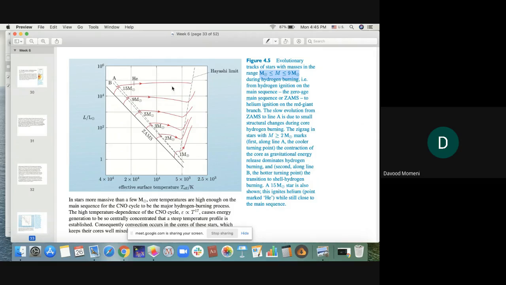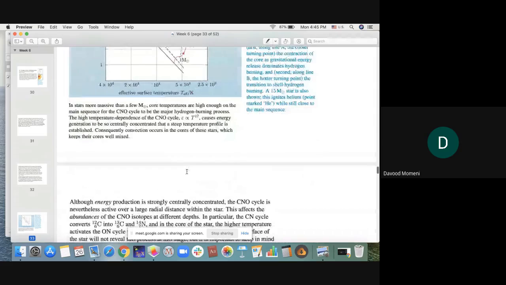And there is a Hayashi regime. Most of the stars in this mass range have a profile of luminosity versus effective temperature that ends asymptotically at this limit. So this is the asymptotic slope of the line, the dashed line which you see here.